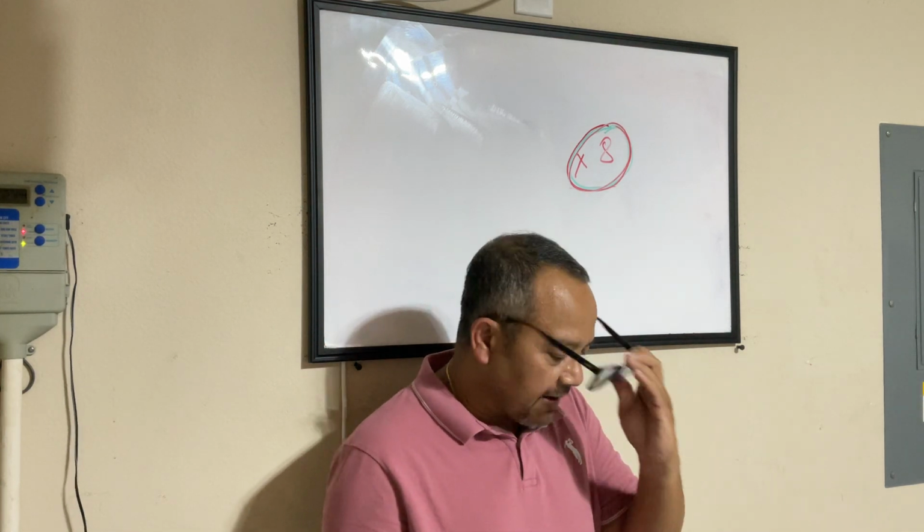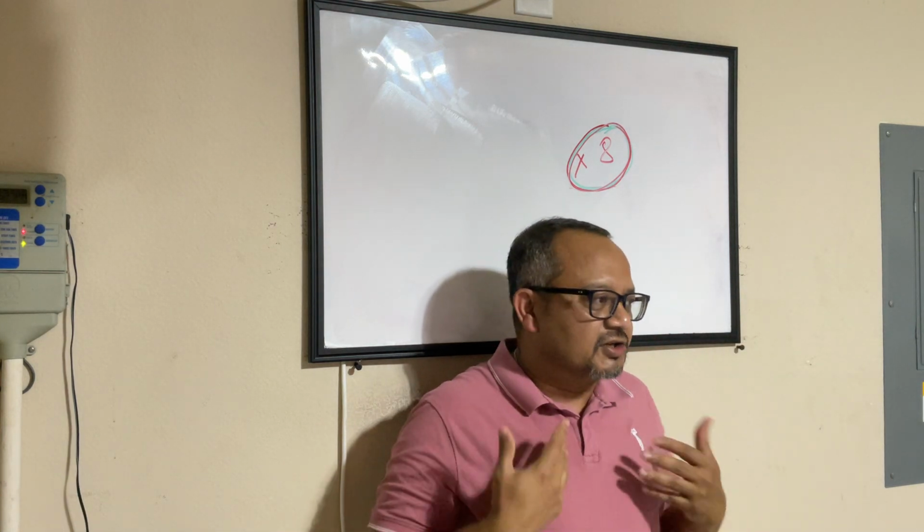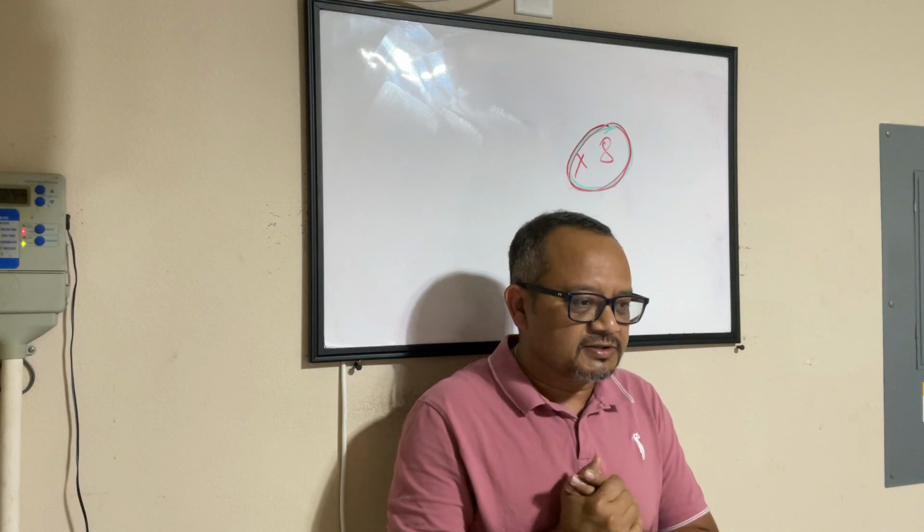No? Okay, so we'll primarily talk about three things. One is radical equation, rational equation, and then absolute value equations. Now before I start, somebody has to tell me what is your understanding of these types of equations.